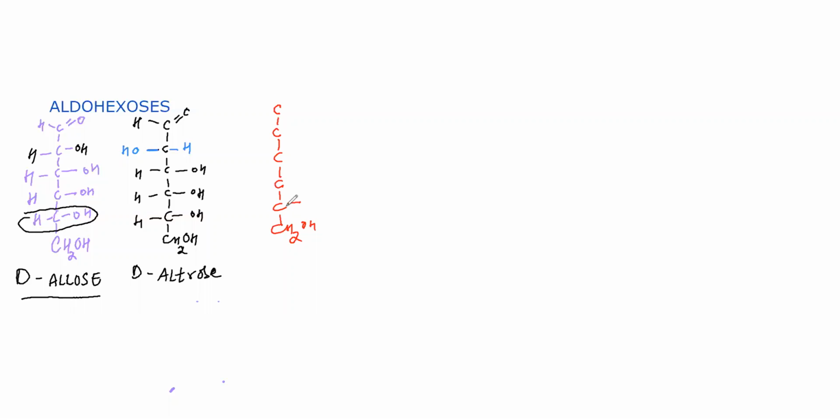This is OH, H. This is OH, H. This is OH, H. And this is C double bond OH. So let me just make it clear. Here we just add the color.